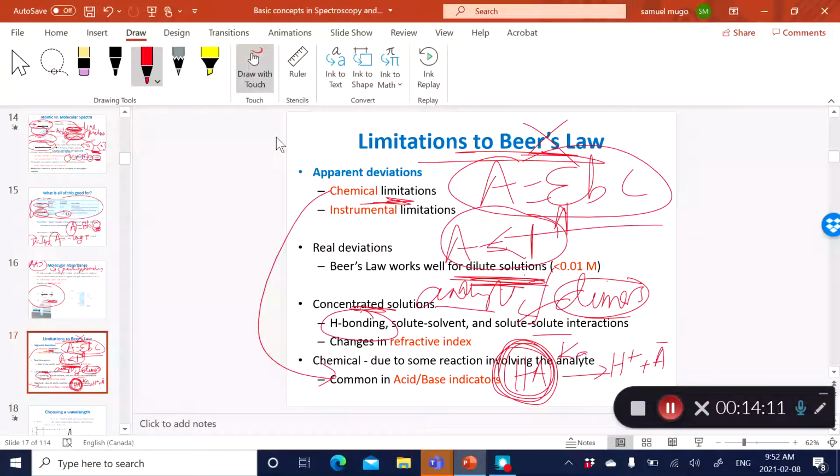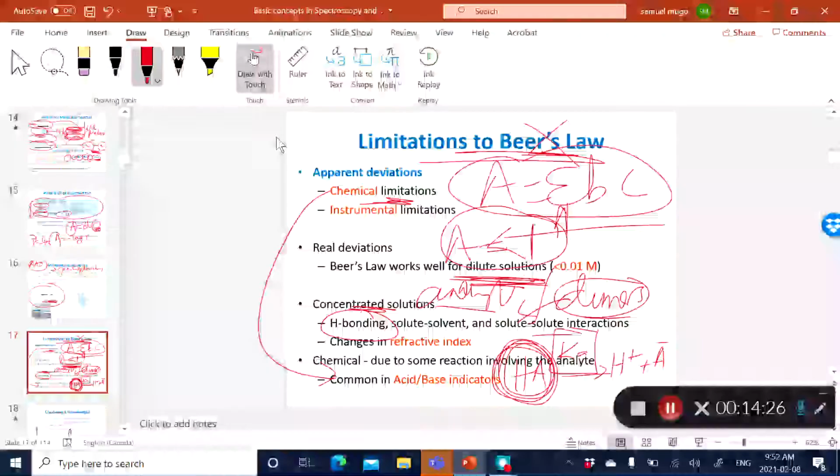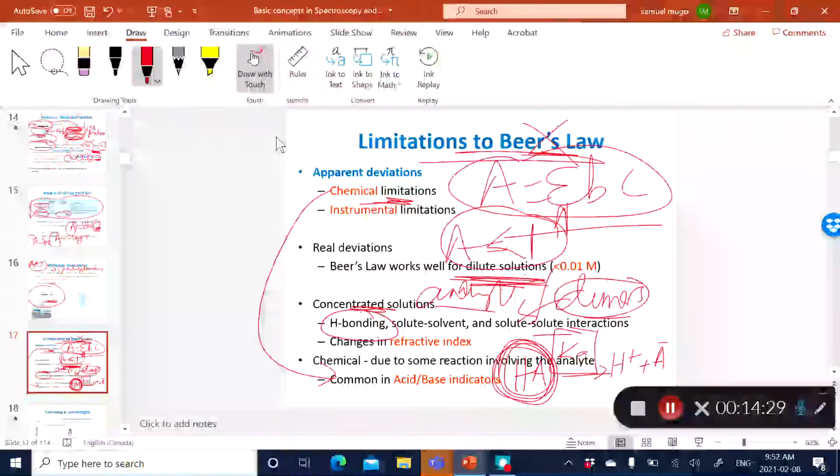Instead, it's going to dissociate into its conjugate base. And of course, a portion of it is still going to remain as HA, depending on the magnitude of the Ka. And of course, we talked a lot about that in Chem 211, as well as, of course, Chem 102. That's the basis of it.